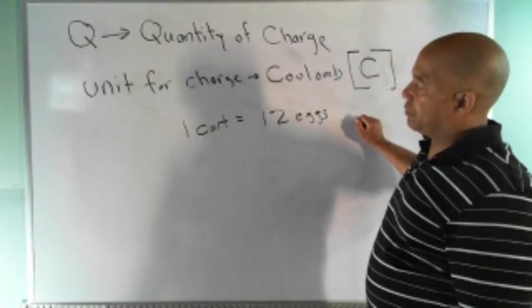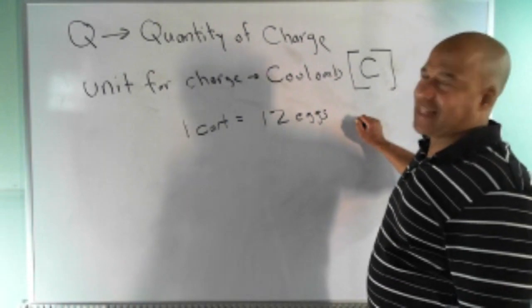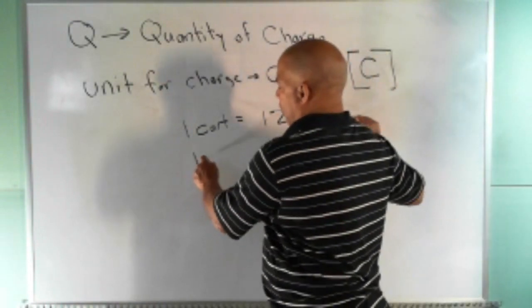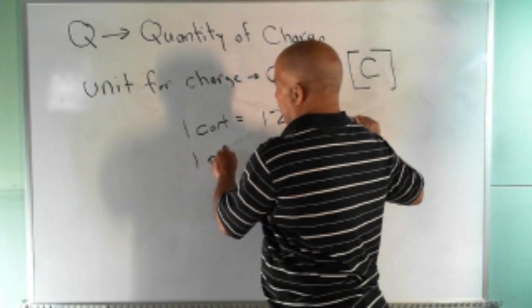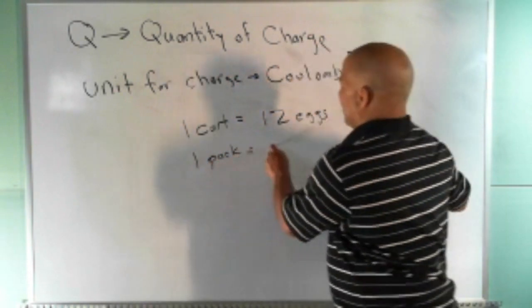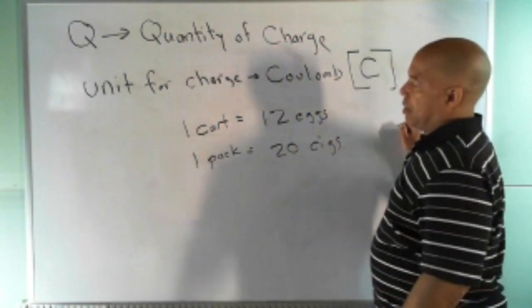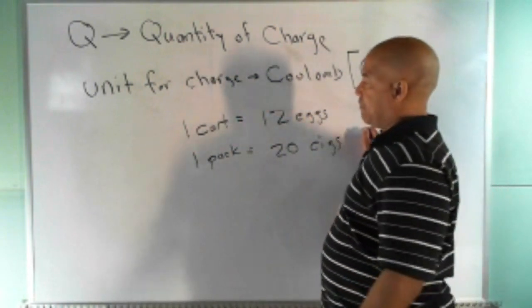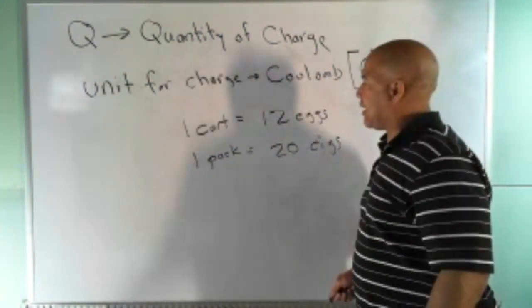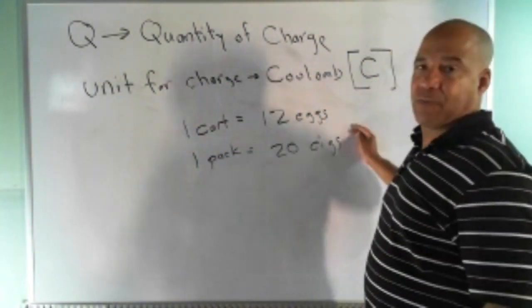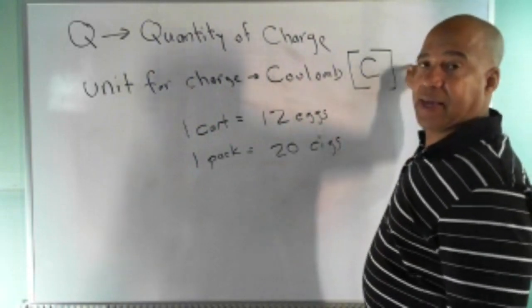What else? I think in one pack of cigarettes there are 20 cigarettes. I'm not sure, I don't smoke. But you get the idea: I've got the thing I'm talking about and then the amount it represents. So I'm going to do the same thing here.